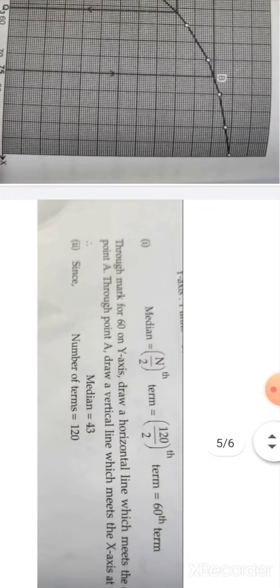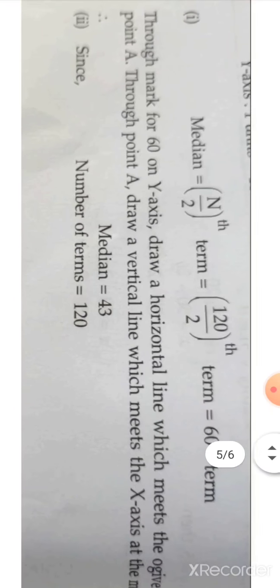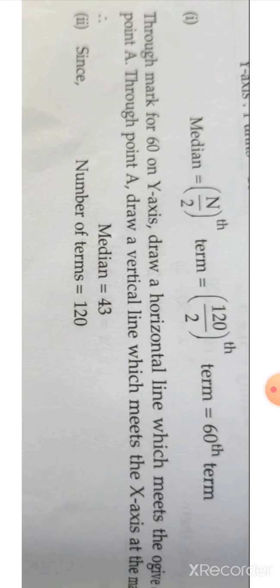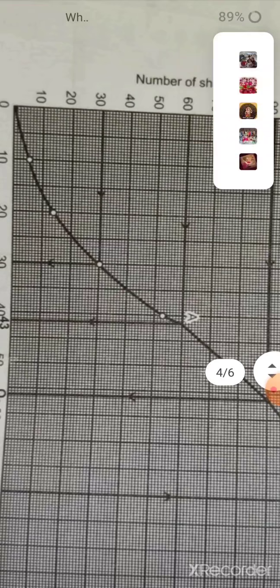Now we want to find the median from this. So students, here is the calculation of how to find the median. The median formula is the n by 2th term. From CF the total n value is 120, which we substitute in this equation. We get the 60th term. But from the graph we have to find the median. So you have to see this 60 on the y-axis.